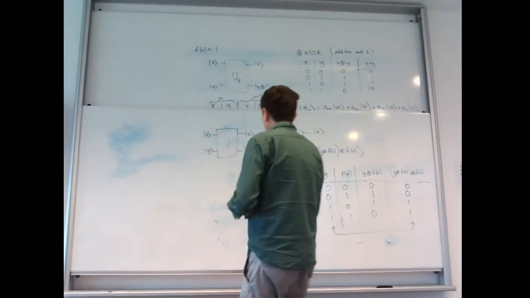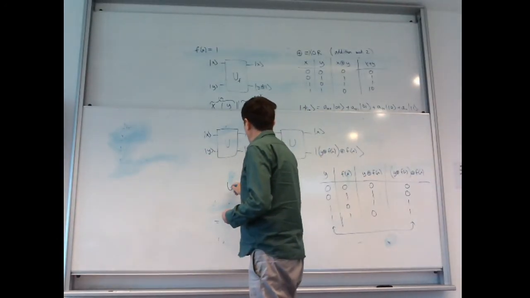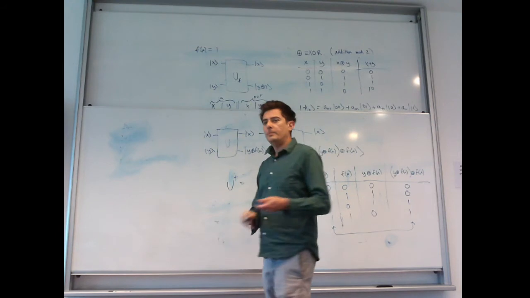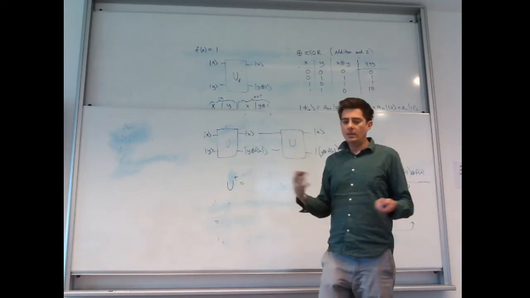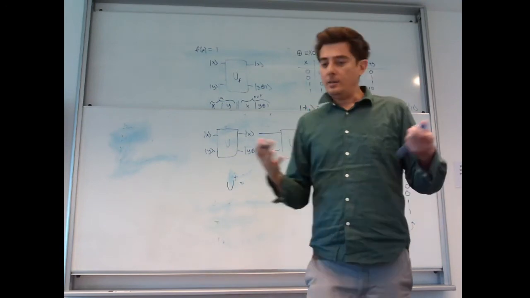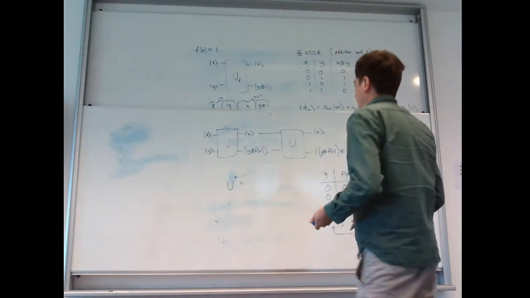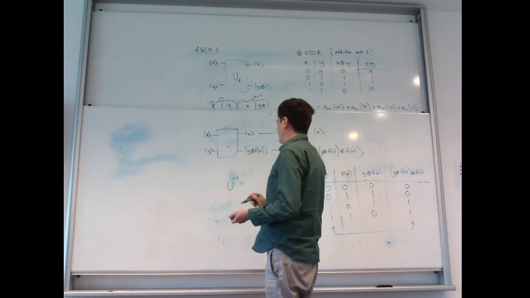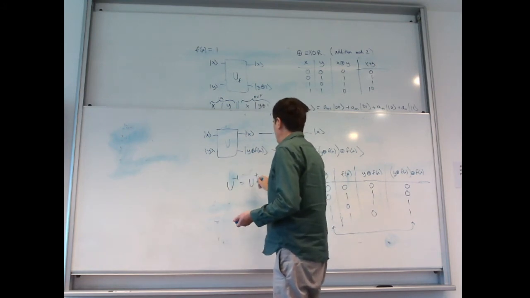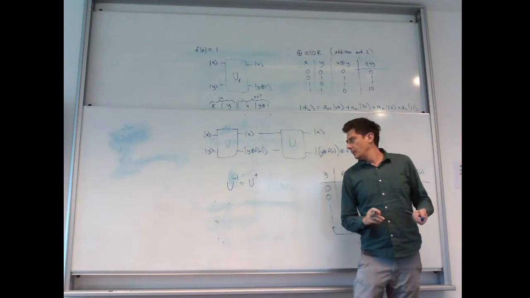This is not always true. Usually the inverse of a unitary matrix, and basically any quantum gate is always a unitary matrix, is actually its conjugate transpose.